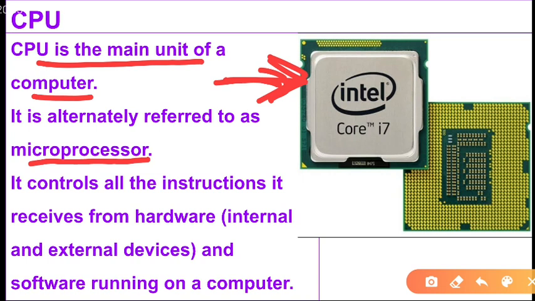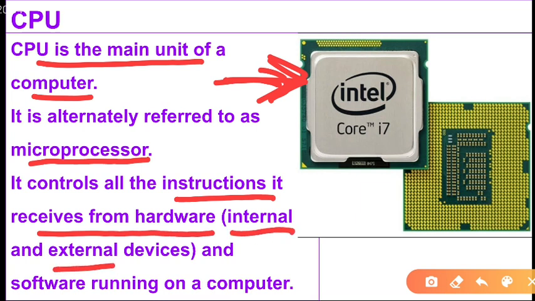Now it controls the instructions it receives from the hardware. The hardware can be internal or external. For example, with the help of external hardware, we click on the mouse buttons or the keyboard buttons. Mouse and keyboard are external hardware. So when we click on them, what are we doing?